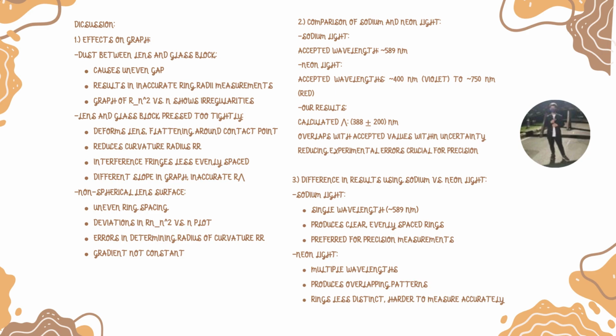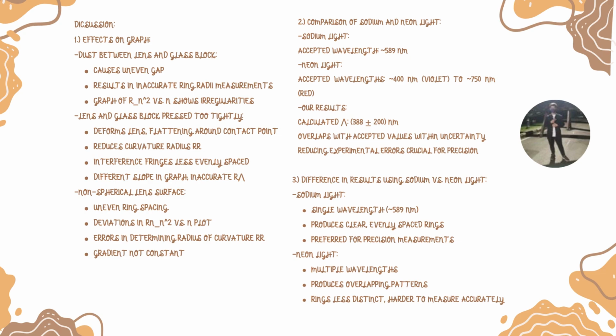Given our calculated lambda is 388.3 nanometers, with an uncertainty of 200 nanometers, our result overlaps with the accepted values for both sodium and neon light sources within the uncertainty range. However, to achieve more precise results, reducing experimental errors and uncertainties is crucial.